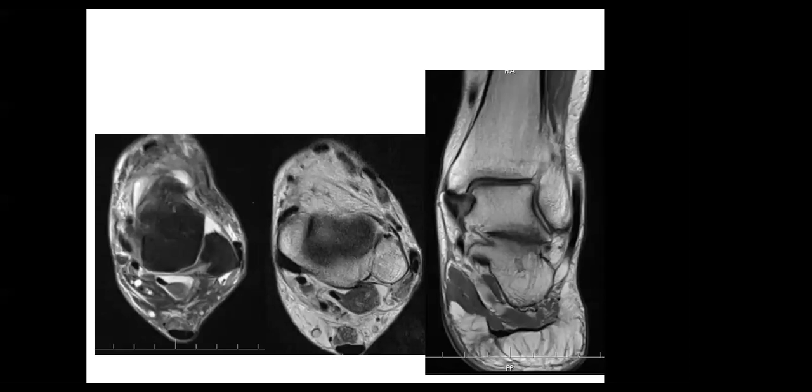So how would you be able to confirm the snapping? Let's say we did the MRI scan and the tendons were here, but the patient would say, I always have snapping in this area. So if you scanned with MRI and you saw the tendons here, how can you confirm peroneal tendon snapping?